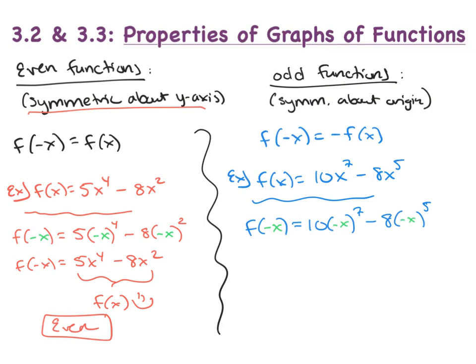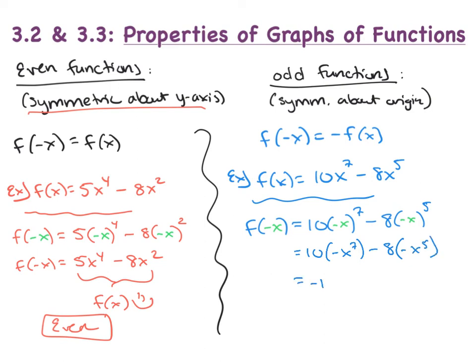Okay, and then simplifying this, let's see, a negative x to an odd exponent, hence the term odd function. Negative x to the 7th power is negative x to the 7th. So this is 10 times negative x to the 7th, without the parentheses, with the negative on the outside. Negative x to the 5th is negative x to the 5th.